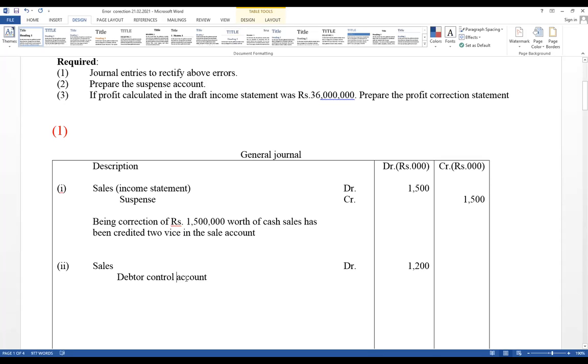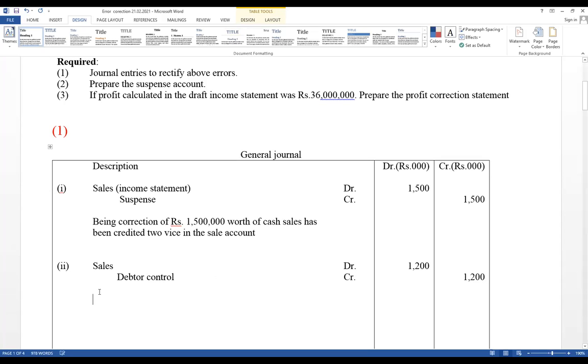Sales account debit, debtor control account credit. It is not effect for suspense accounts. Total amount of journal undercasted, overcasted, not effect for suspense. Effect for both ledger accounts.